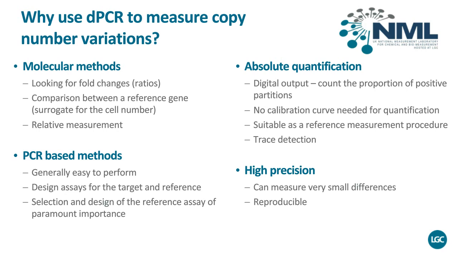We are able to get high reproducibility between the different digital platforms, and when we do interlab studies, we also see high reproducibility. It's also less susceptible to inhibitors or matrix effects because we're looking at that endpoint and it's the presence or absence. We don't have to wait and find the point that it reaches that exponential amplification and set a threshold that way like you would with real-time PCR.